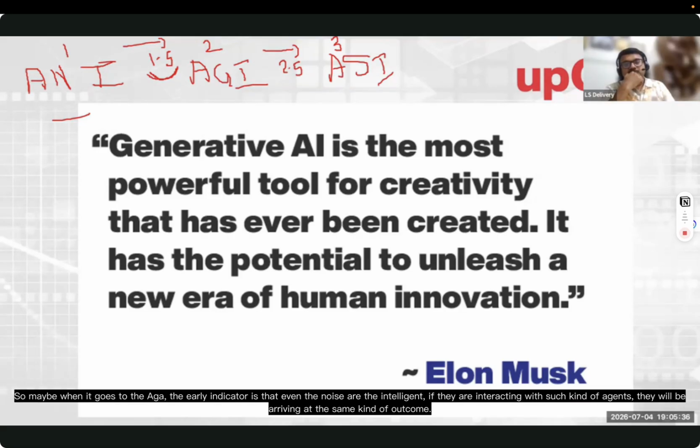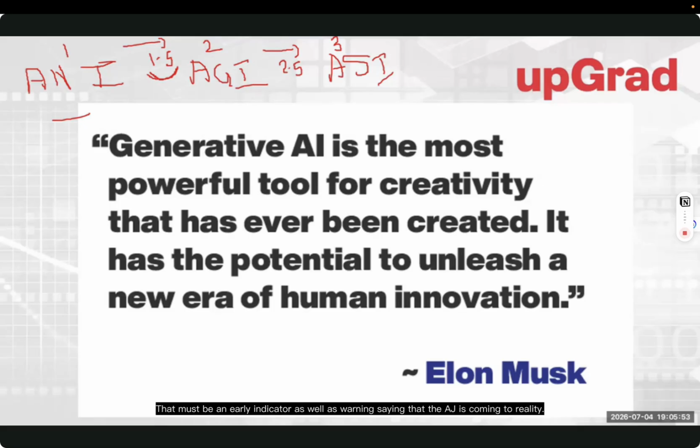So maybe when it goes to the AGI, the early indicator is that even the novice or the intelligent, if they are interacting with such engines, will arrive at the same kind of outcome. That must be an early indicator as well as a warning that the AGI is coming to reality.